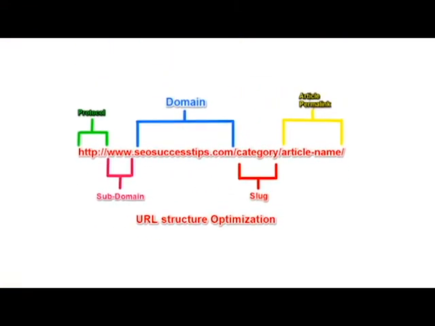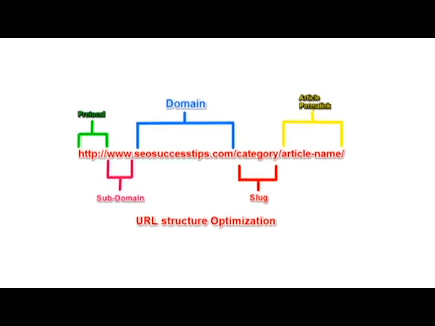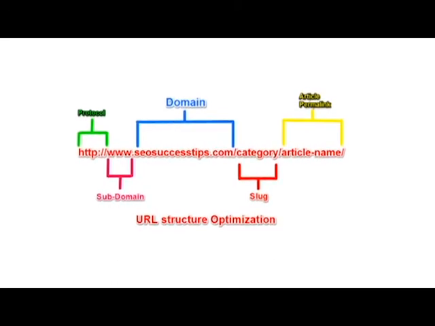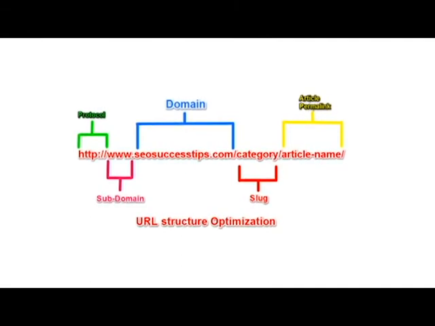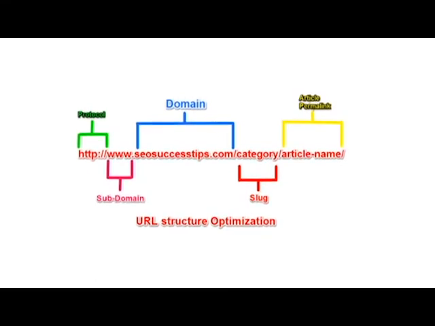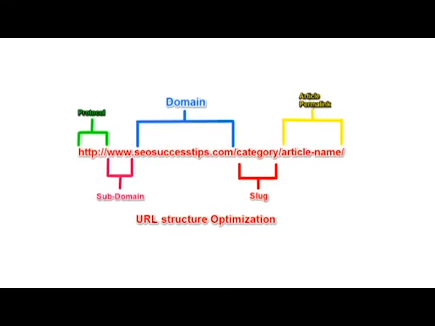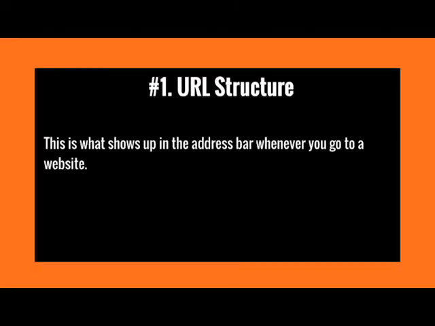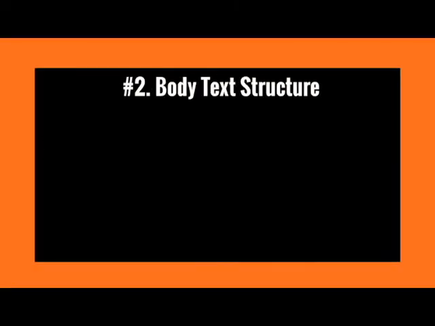Now, the URL structure is very important because it tells Google and other search engines if you are a brand or you are targeting a specific keyword, or what your website is about. And that's just one element of the 5 factors. There are a lot of other elements as well.